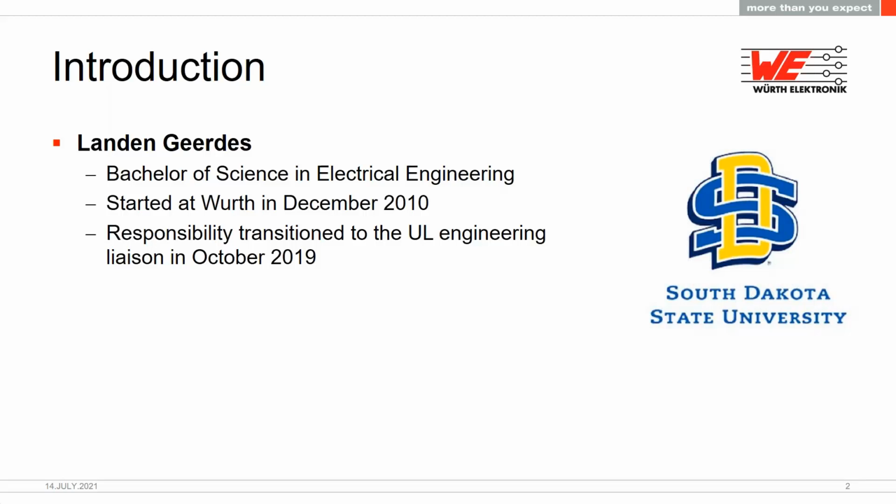I had been working as a full-time design engineer for several years, and in October of 2019, I took on the added responsibility as the UL engineering liaison. Today, my workload, I would say, is split about 50% of my time spent on new custom magnetic designs, and the other 50% devoted towards other UL-related topics. In this new role as a UL engineering liaison, I support our engineering and sales teams for all UL topics.